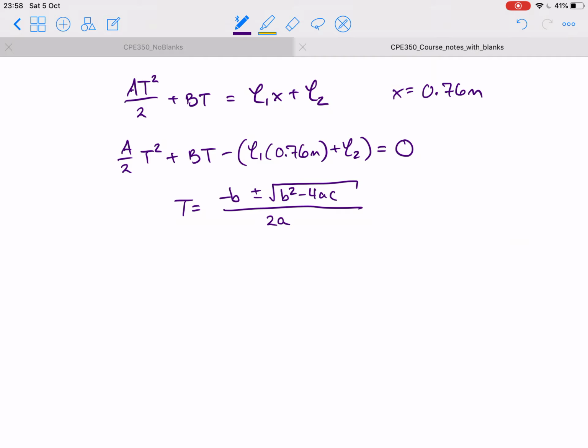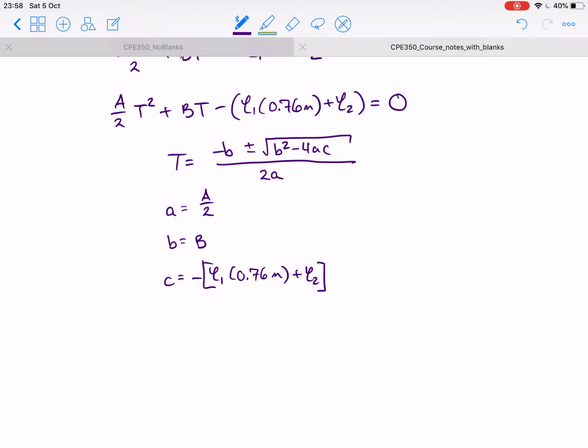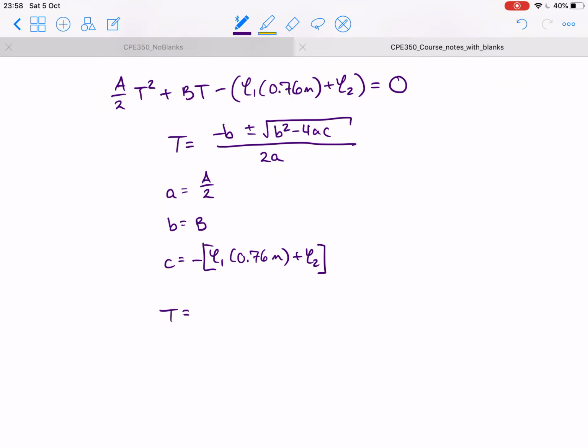And so here we have A is, B is just B, and C is negative. And if we plug in those values, we get two values for T. The first one is 473.